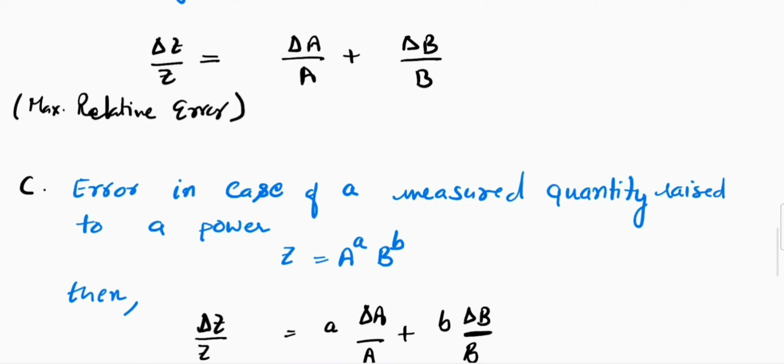Similarly, for a measured quantity raised to a power, Z is equal to A raised to power a and B raised to power small b.